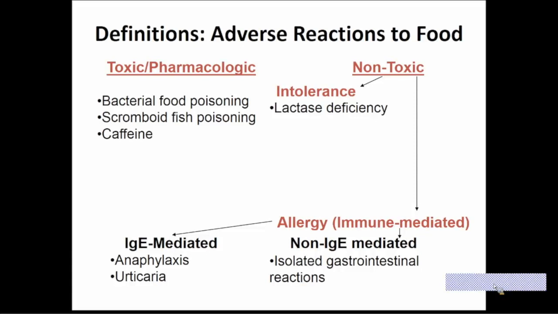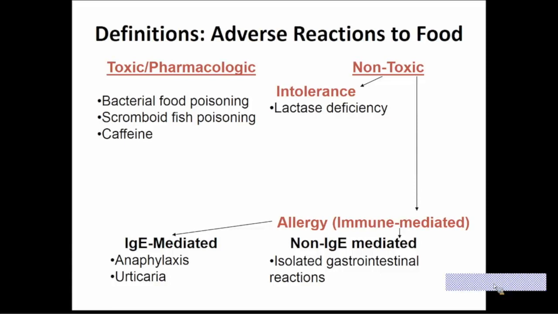If you've ever gotten fish in the cafeteria here, you're at pretty high risk of having fish poisoning. But scombroid poisoning, from the dark meat fish, actually releases histamine-like chemicals that cause what looks like an allergic reaction, but it's really a food poisoning. Lactose intolerance, lactase deficiency, you are very familiar with, and so a patient might say that's a food allergy, but obviously it's a totally different scenario.